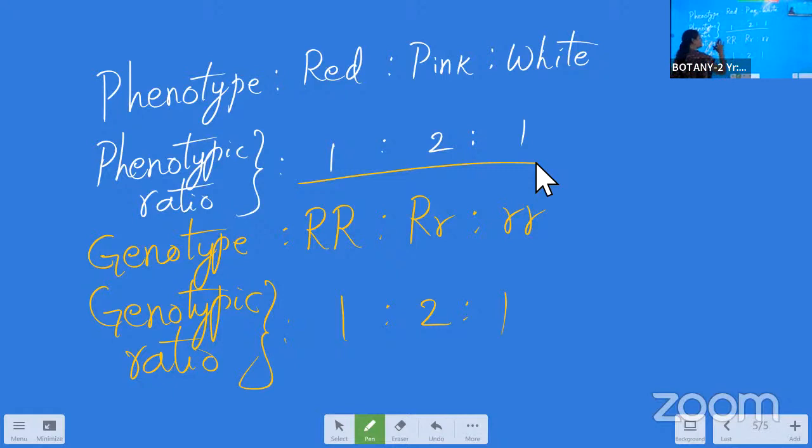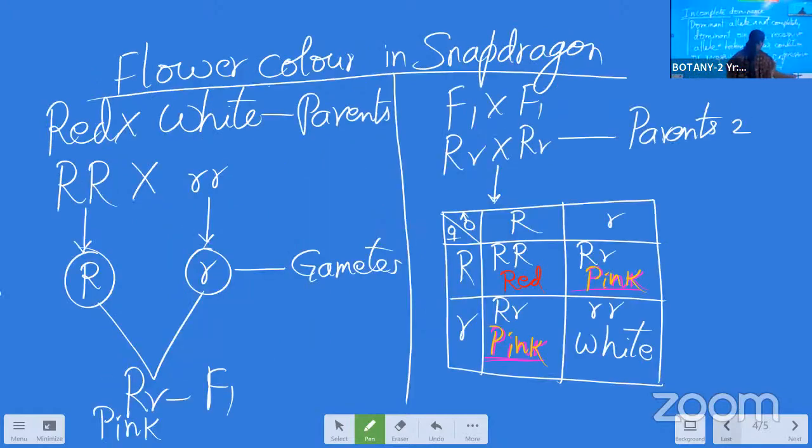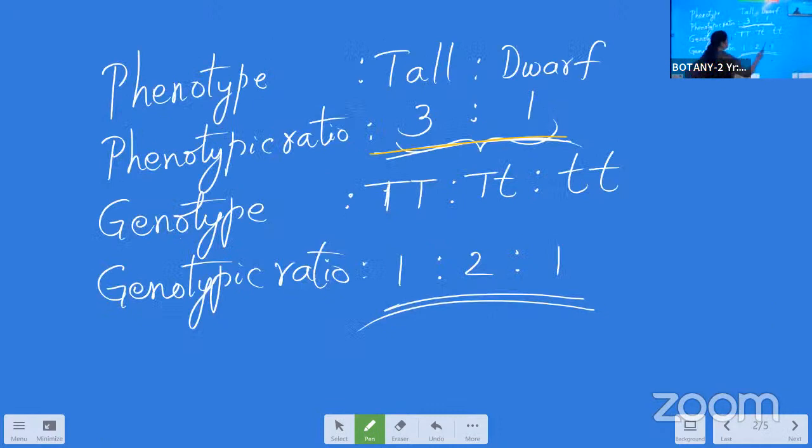And the last sentence, what we have to say, the phenotypic ratio and the genotypic ratio are same in the incomplete dominance as 1:2:1. Whereas in the Mendel's law of dominance, we won't see the same thing. The phenotypic ratio is 3:1, whereas the genotypic ratio is 1:2:1.